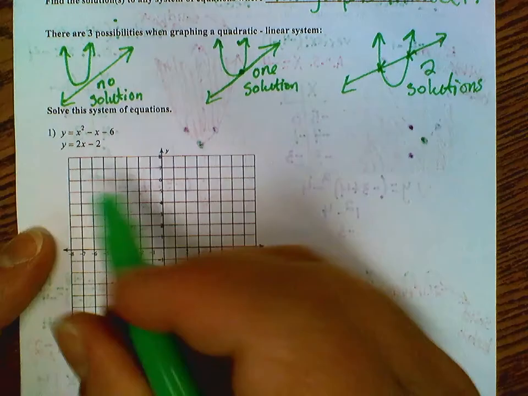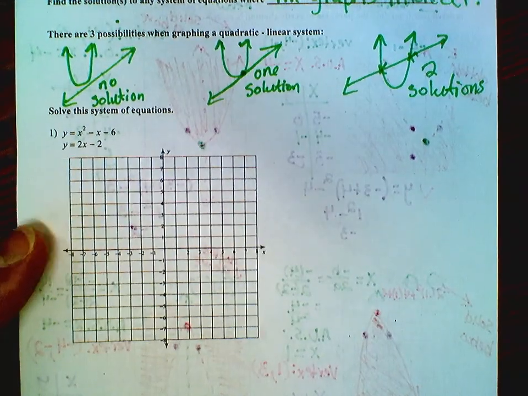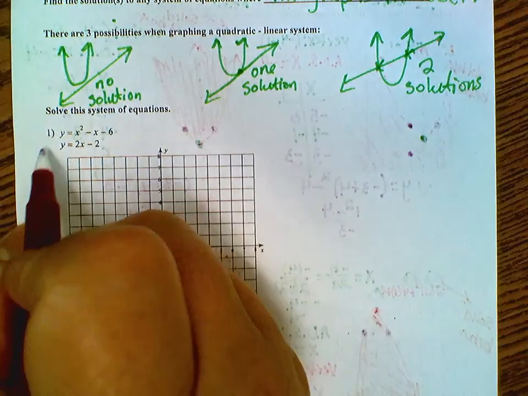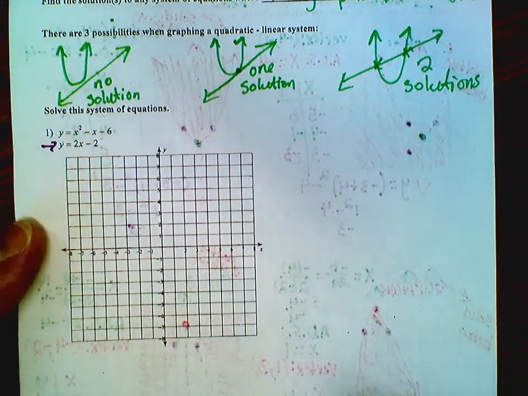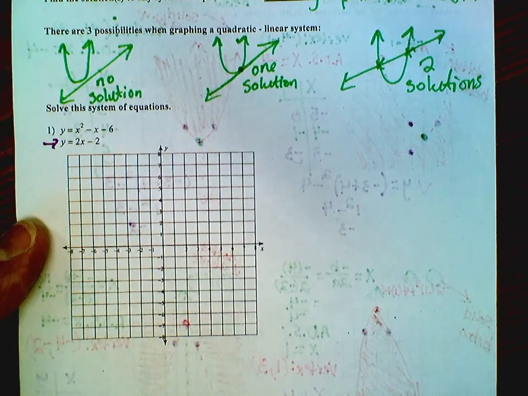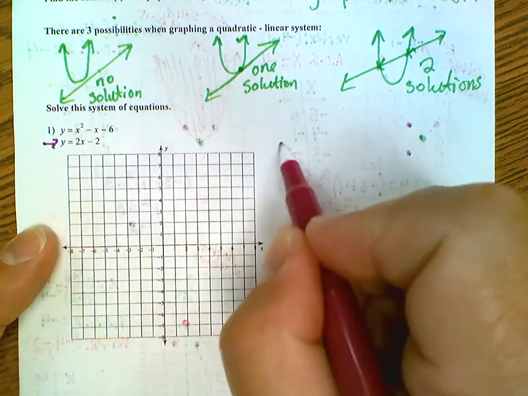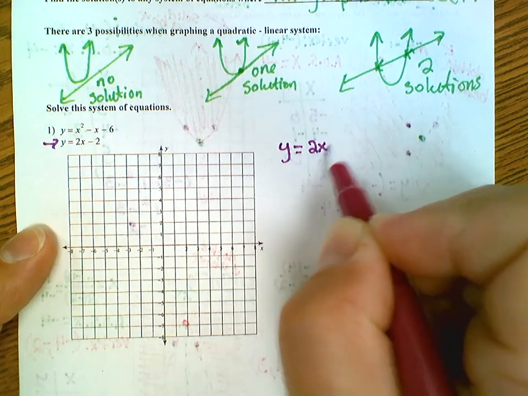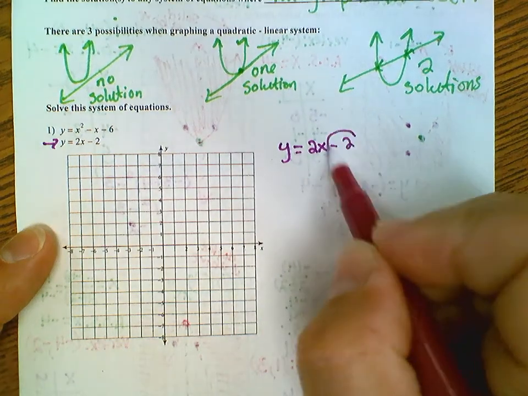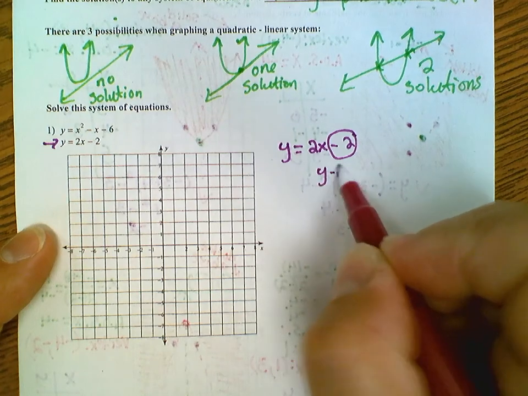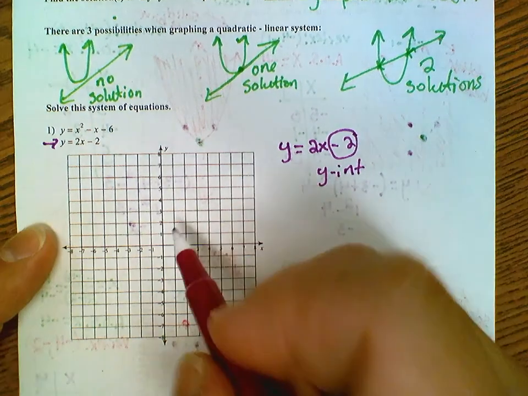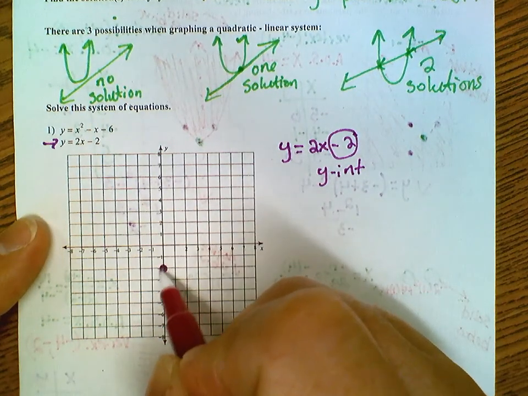Okay, when I graph my linear and quadratic systems, I always start with my line because those are very simple to graph and cover the whole coordinate plane. So we must remember, here is my line. I start with my y-intercept at -2 on the y-axis.